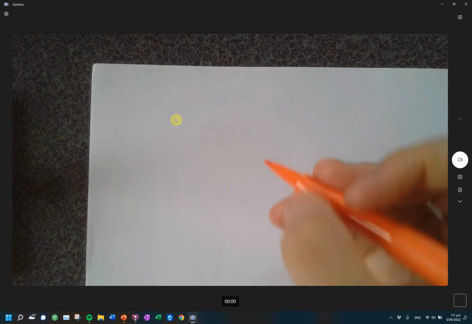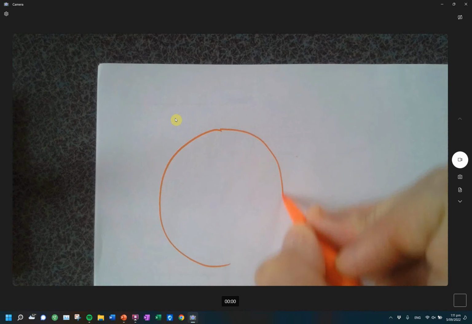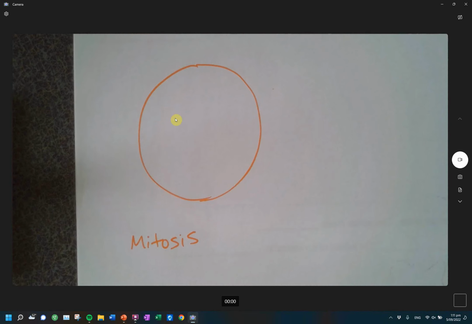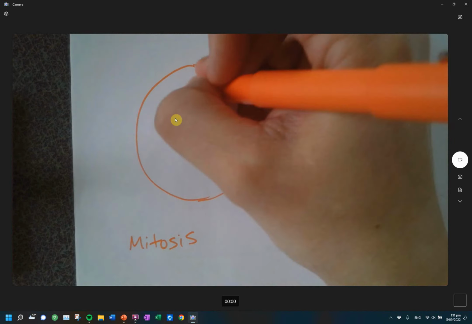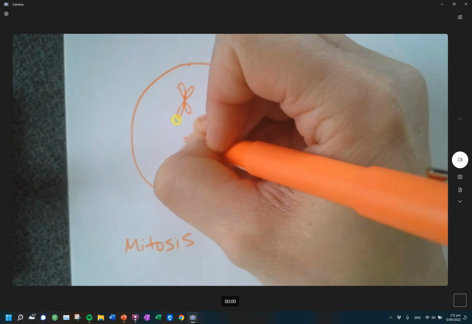All right, so when we had mitosis and we were preparing for cell division, the chromosomes aligned in a single file line, right?